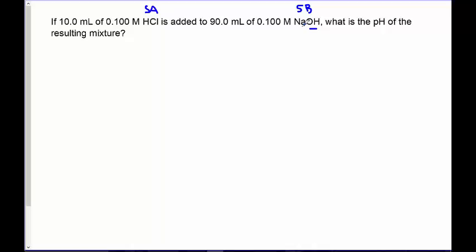Now remember what our neutralization reaction is. I could write it like this. It's HCl plus sodium hydroxide. It's going to give us water, H2O, plus the salt, sodium chloride.